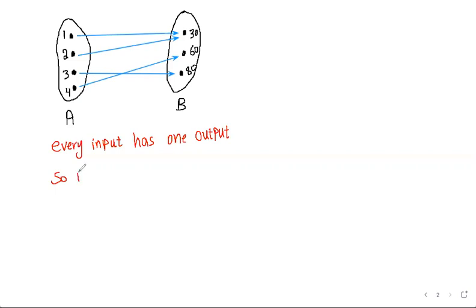So it is a function. And my function here, I denote it by the letter f. But this diagram, I will draw another one right now.